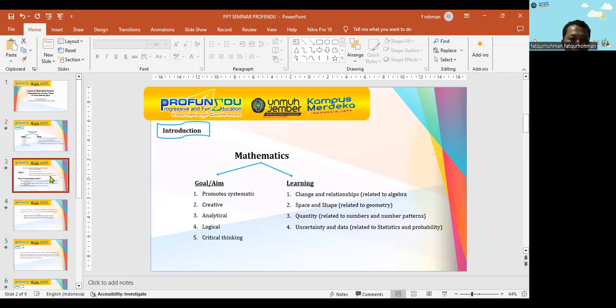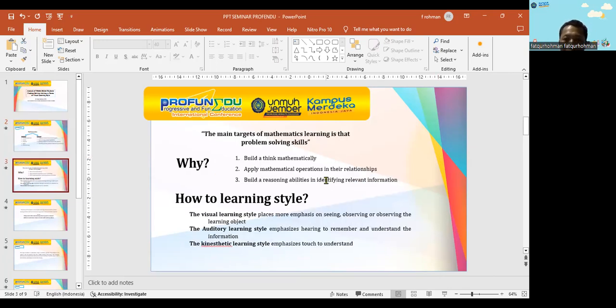So mathematics consists of the goal, or aim, and the learning of mathematics. The main target of learning mathematics is problem-solving skill. Why is problem-solving skill important in mathematics learning? Number one, it develops mathematical thinking. Number two, applying mathematical operations and their relationships.